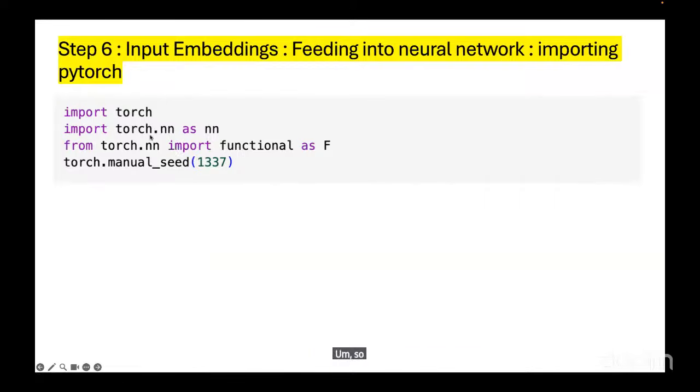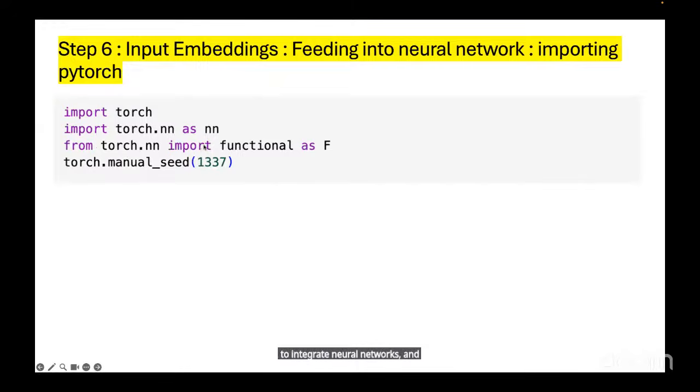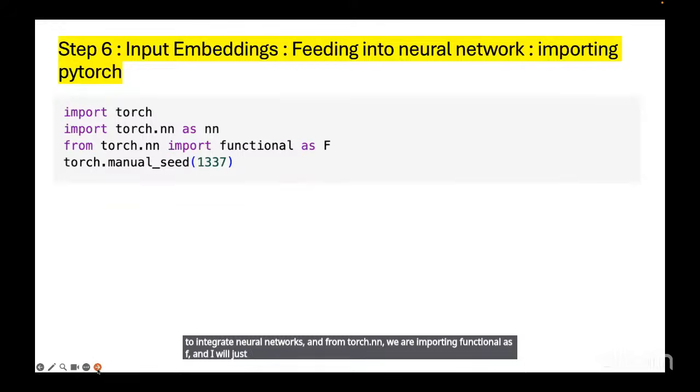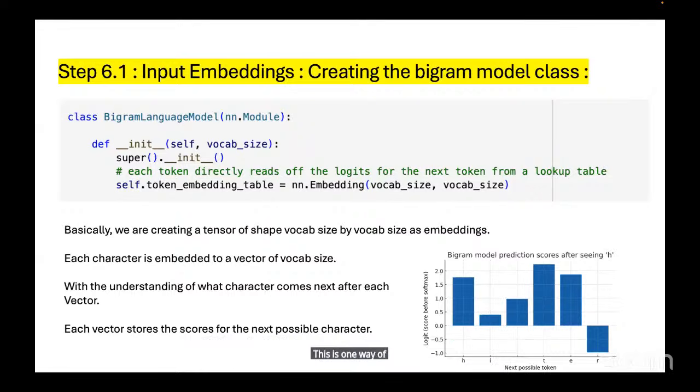So what we will do is we will import Torch and we will import neural networks from Torch. And from torch.nn, we are importing functional as F. I will just tell the use of all this. Basically, we are creating a bigram model class. We are learning how two characters occur together in my corpus. This is one way of converting words into vectors.